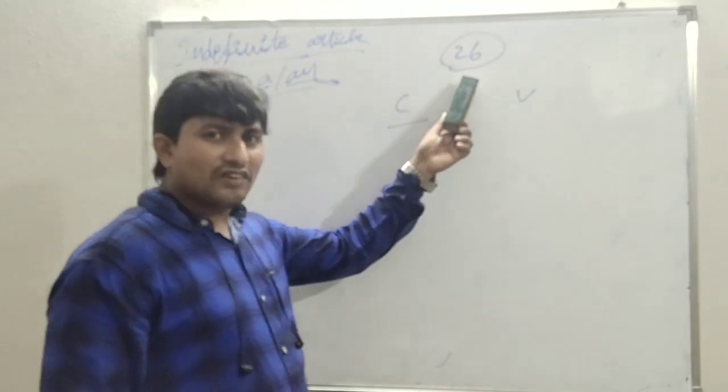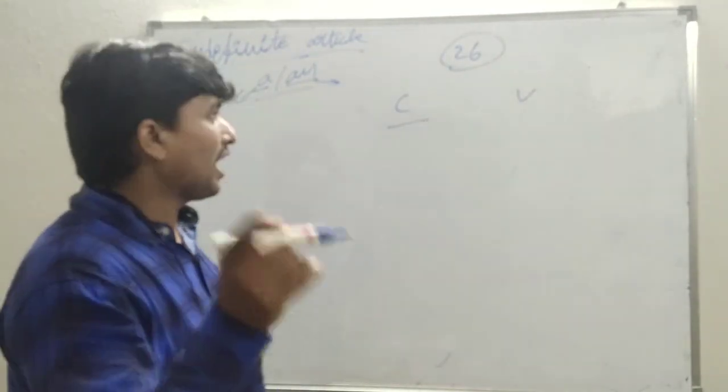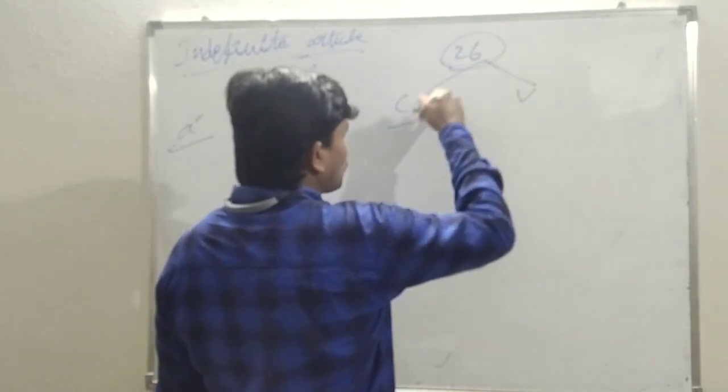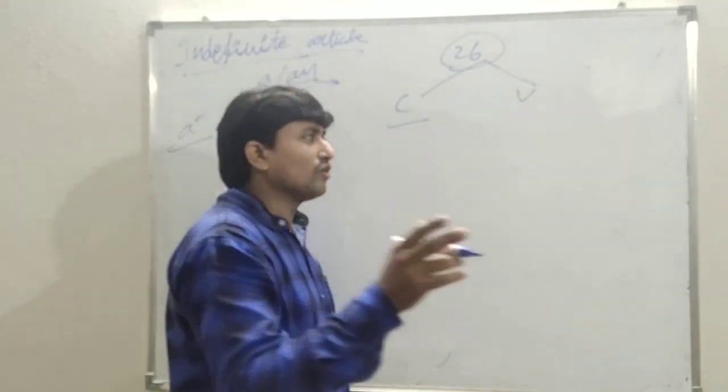In our English alphabet there are 26 letters. These 26 letters can be divided into two groups: consonants and vowels.